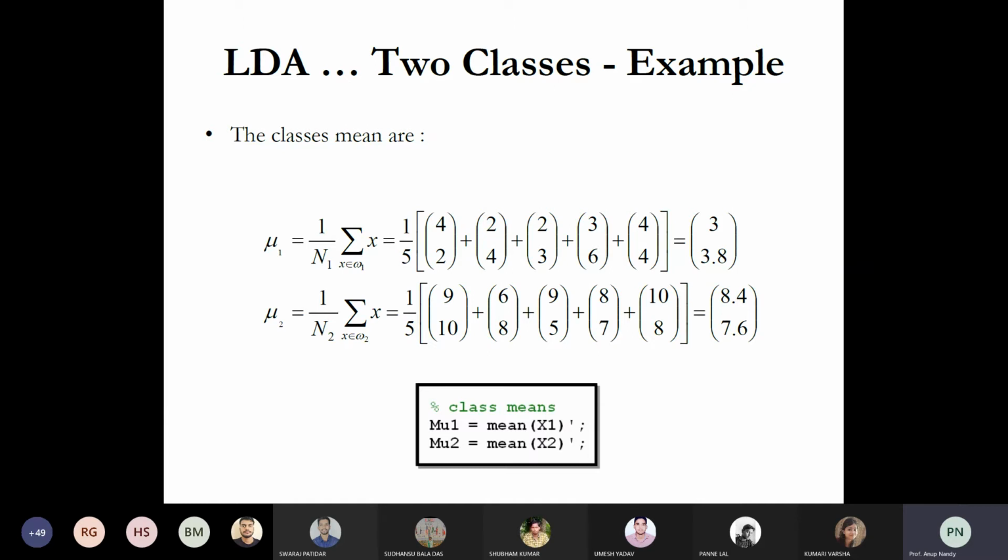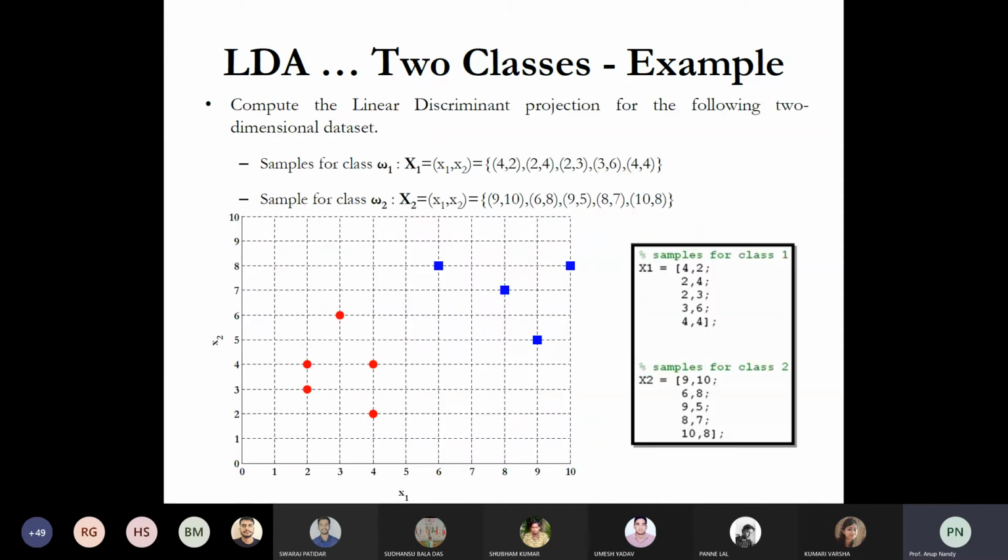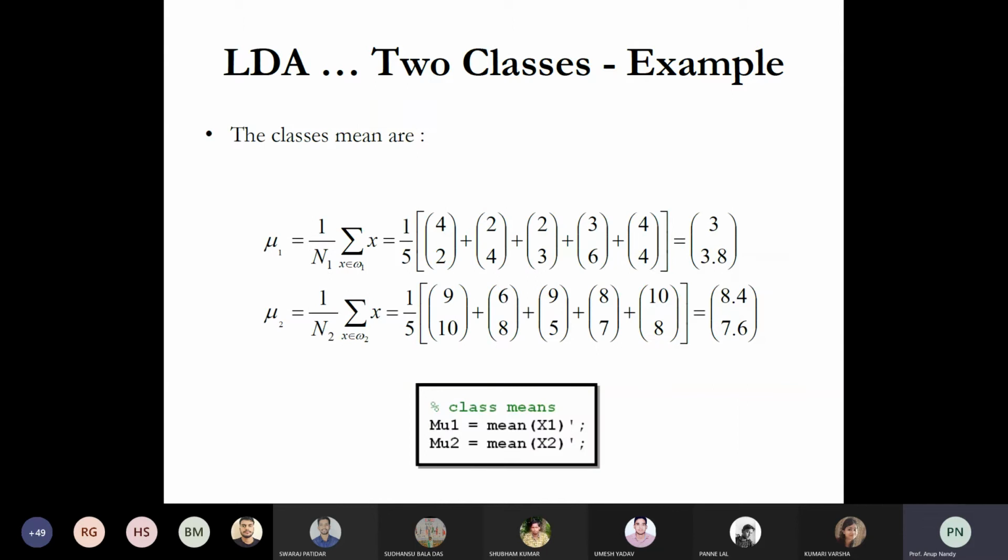You are simply doing this, where n is equal to 5, you have 5 samples, so 1 by n. Then, as you have this 2D data, you have 3.8, and you have mu2 is equal to this thing. In this way you have to compute. Okay, so the way it is written, as it is 2D data, you have to do it in this way.